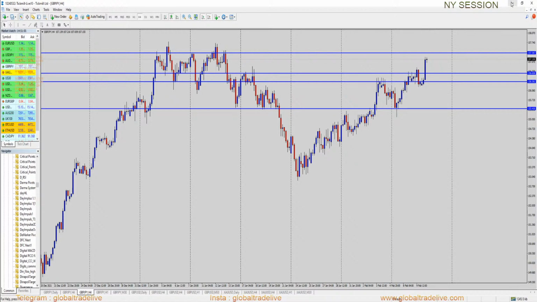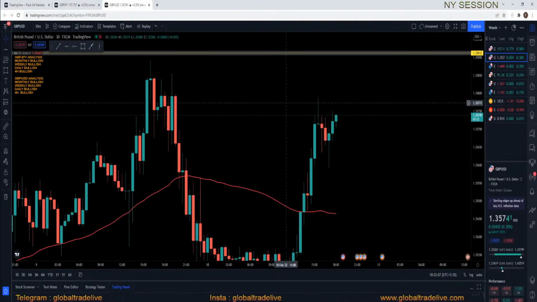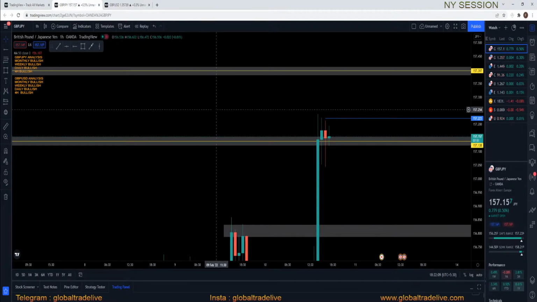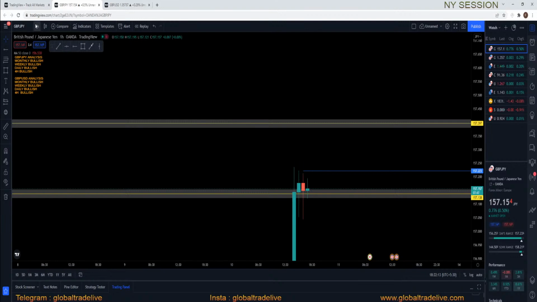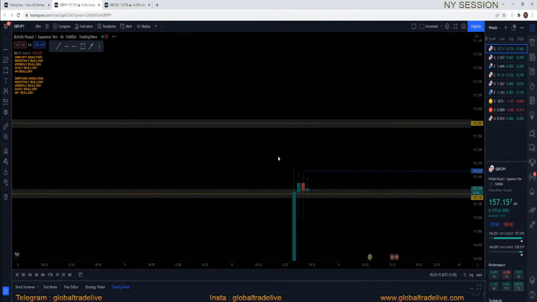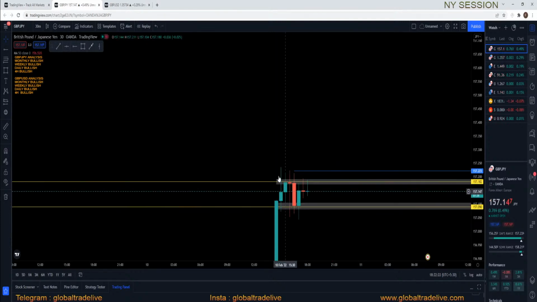Still got around 1 hour left to close. So this candle is having 1 hour left to close over here. And there is a problem with the range. So look over here, the market is just ranging at this point.